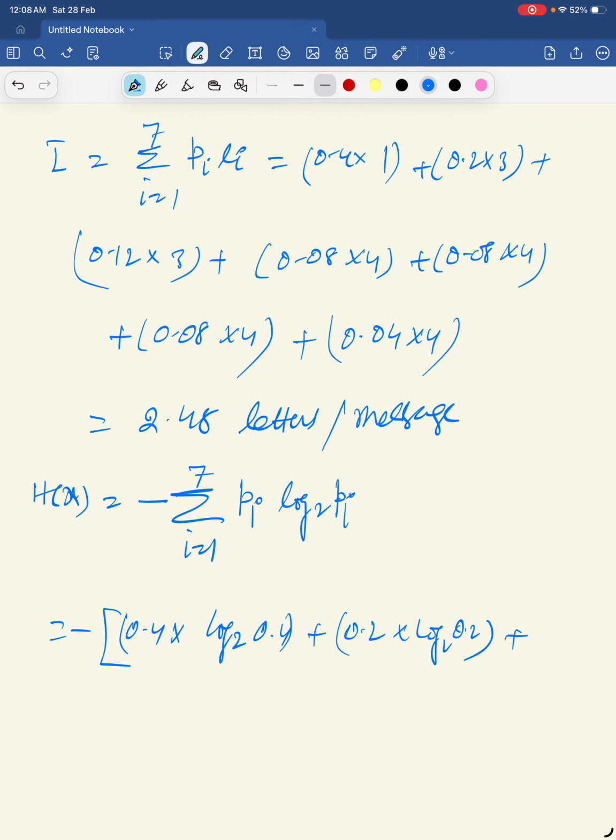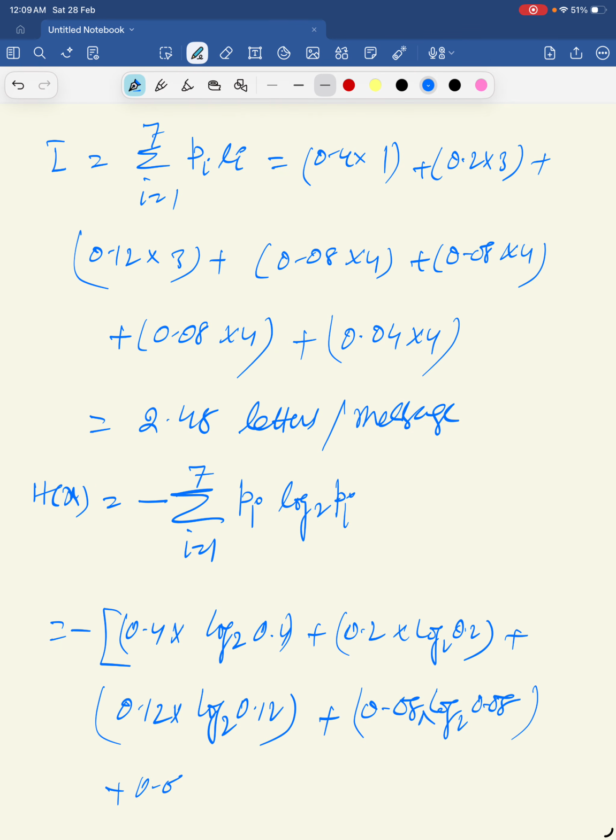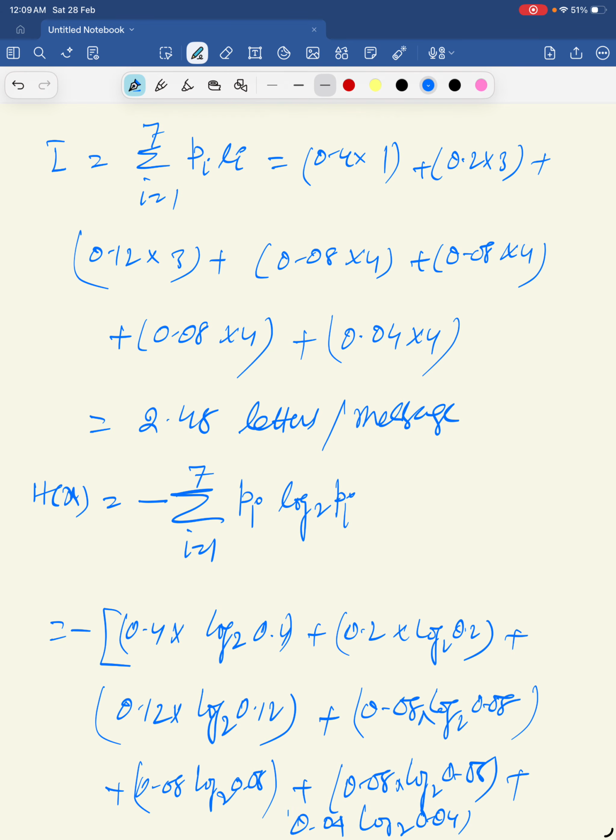The third one is 0.12 into log 0.12, plus the others, 0.08 into log 0.08. This one again 0.08 log 0.08, this one again 0.08 log 0.08. So three 0.08, and the last one is 0.04 into log 0.04.